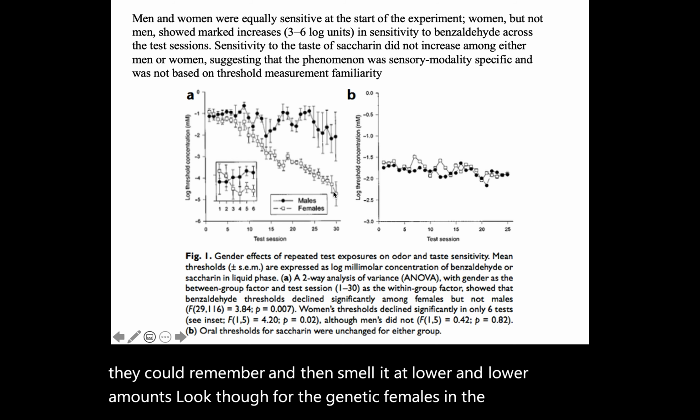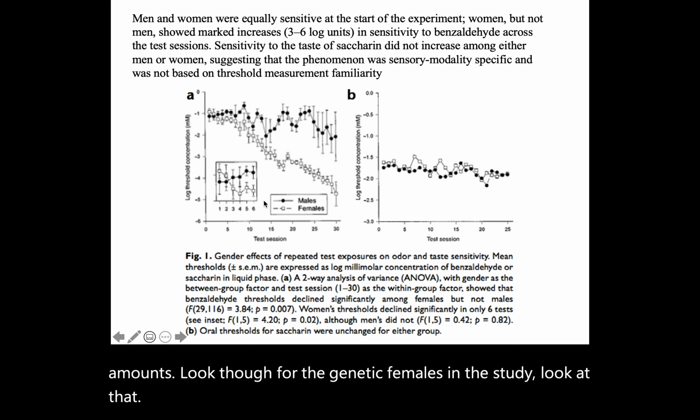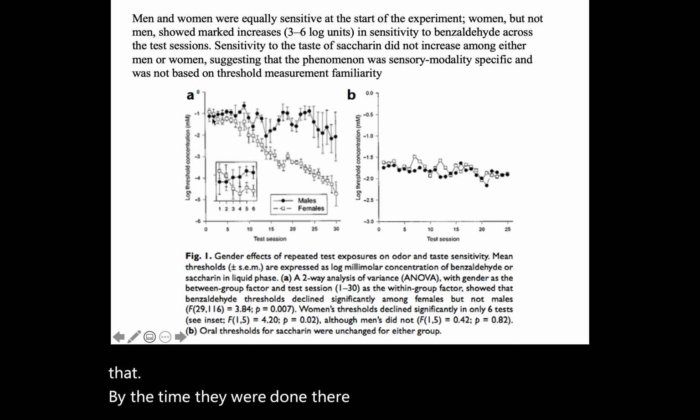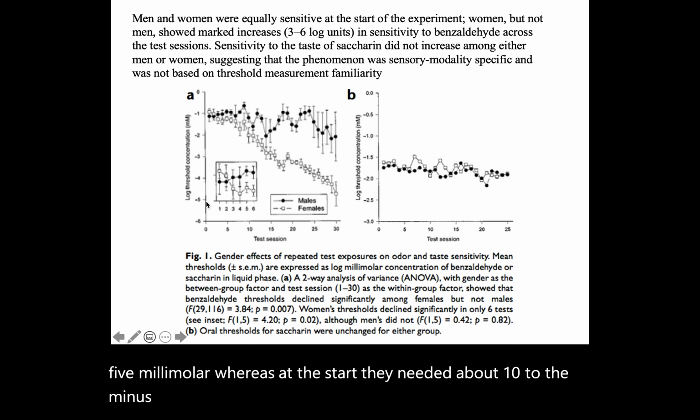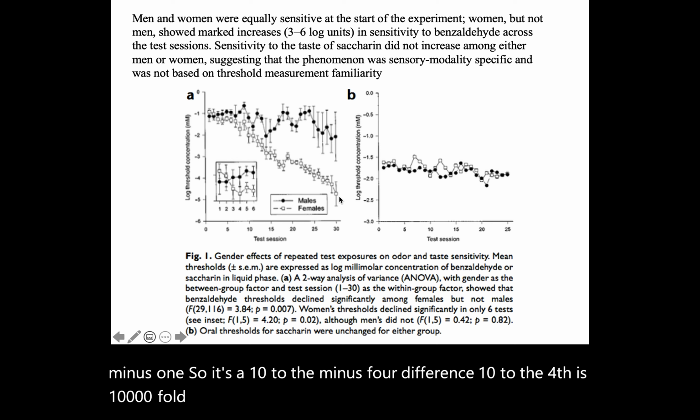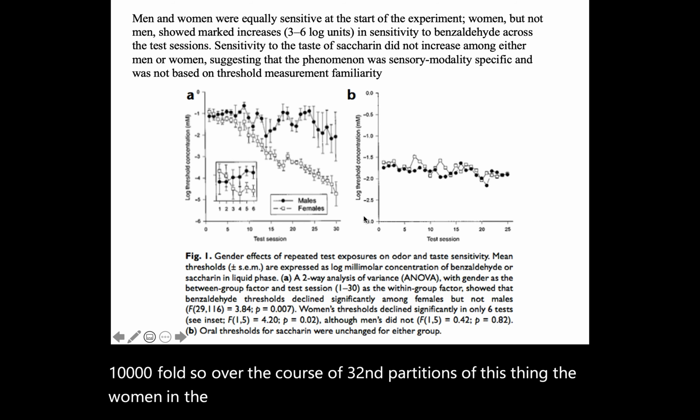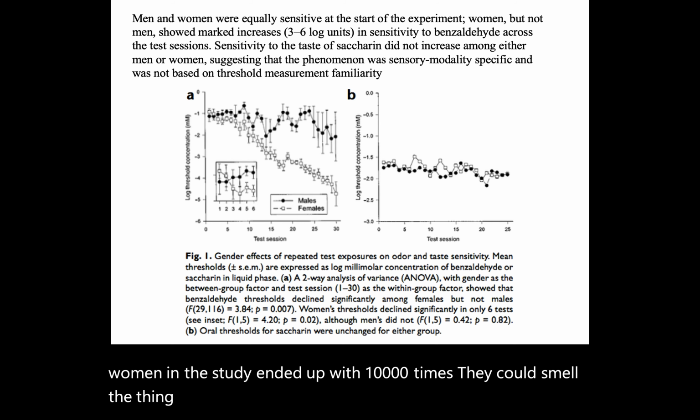Look at that. By the time they were done, they're smelling about 10 to the minus 5 millimolar, whereas at the start they needed about 10 to the minus 1, so it's a 10 to the minus 4 difference. 10 to the 4th is 10,000-fold. So over the course of 30 repetitions, the women in the study ended up with 10,000 times the sensitivity. They could smell the thing when there was 1/10,000th of the amount that originally they needed.